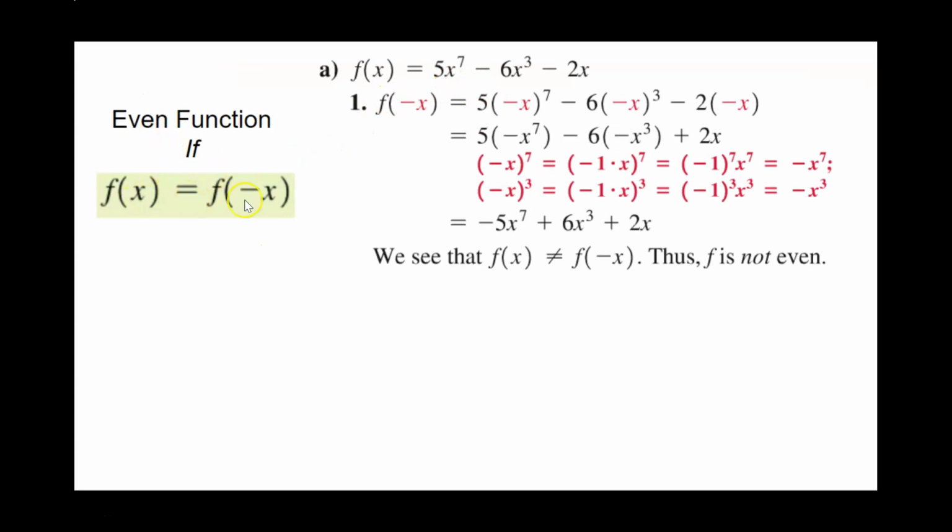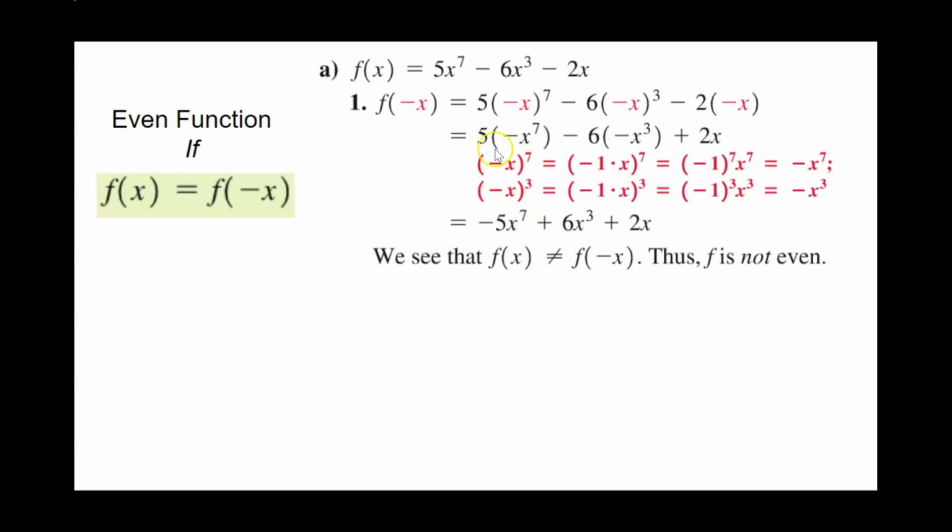If you remember, we're going to take a negative and plug it in for x. For this x here, we make that a negative. For this x, we make that a negative. And for this last x, we make that a negative. So I plugged a negative in for every x that I see. Negative x raised to the 7th power is going to be a negative answer.